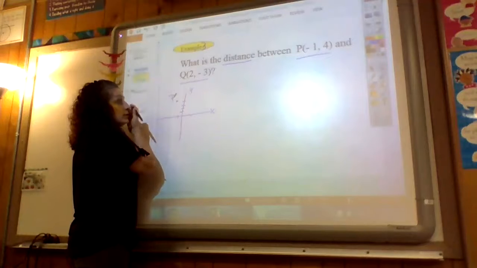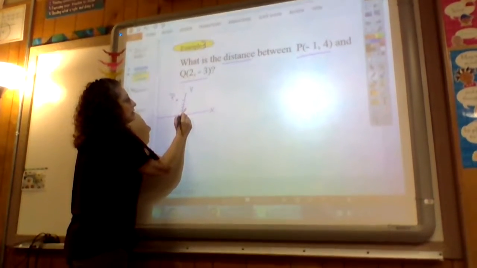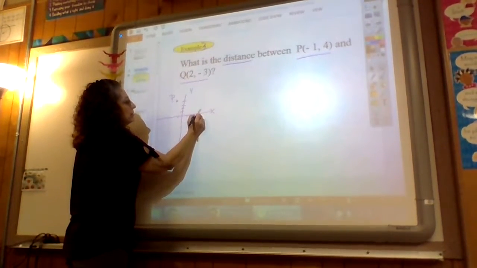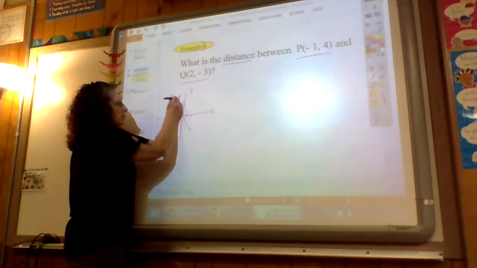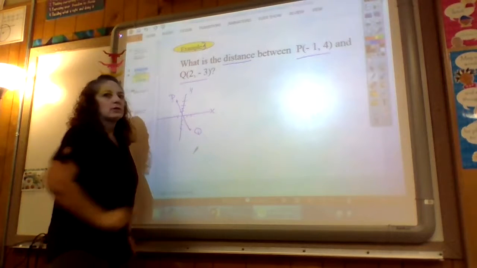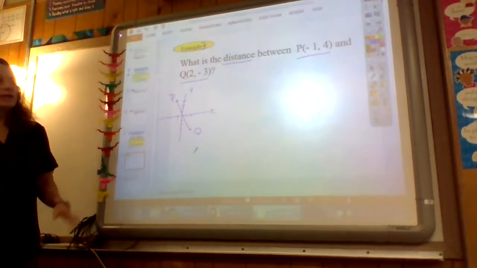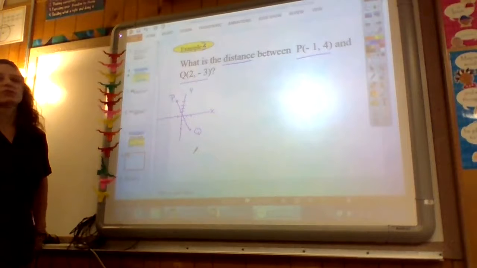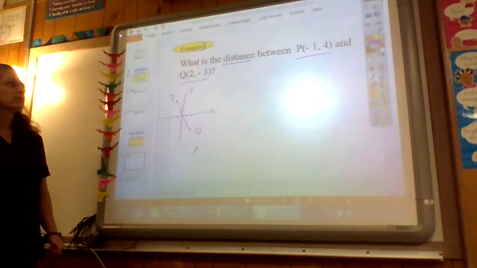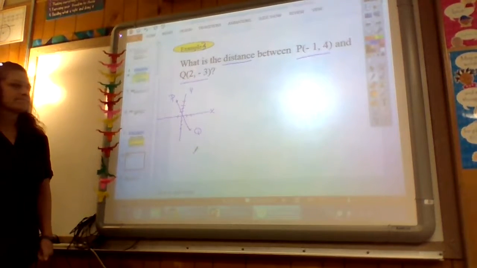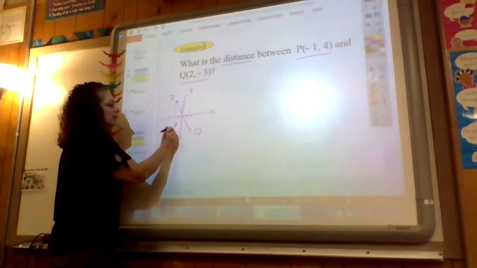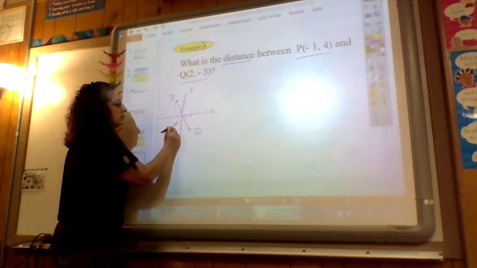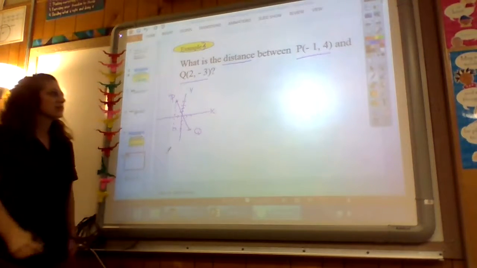There's P. 2, -3, or Q. Y'all sketch with me also, just to have it there for a visual, because I want to show you the right triangle method also. Okay, from P, we're going to drop down a straight distance and then go over to Q to see our right triangle.